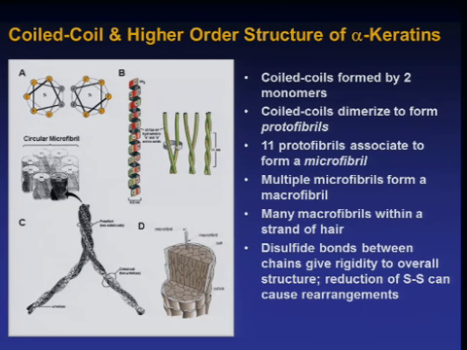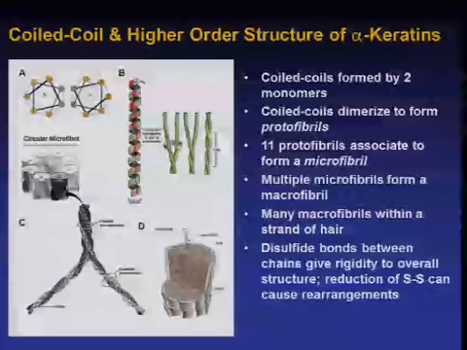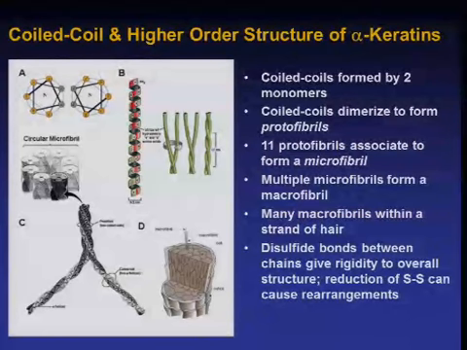We said alpha keratins are in hair, wool, fingernails. It's the same structure. The difference between, let's say, your fingernails and your hair, one of the differences is there's a much greater extent of disulfide formation between these fibers in your fingernails.